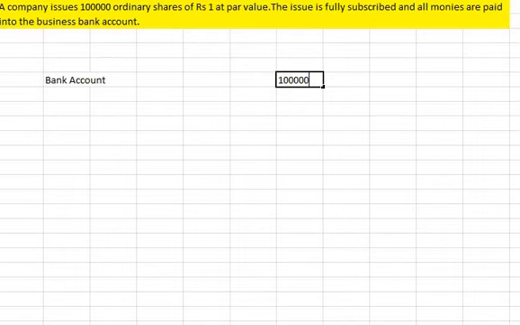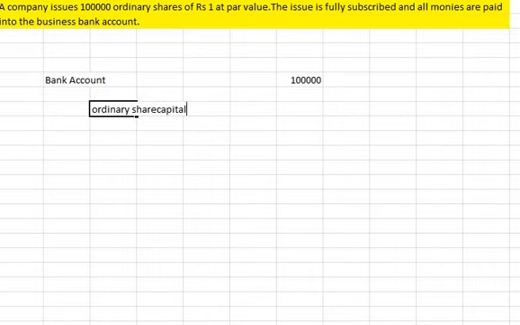Then bank account debtor to what? How have we received this amount? It is received as ordinary share capital. So bank account debtor 1 lakh to ordinary share capital rupees 1 lakh.